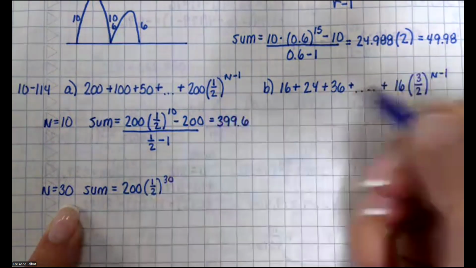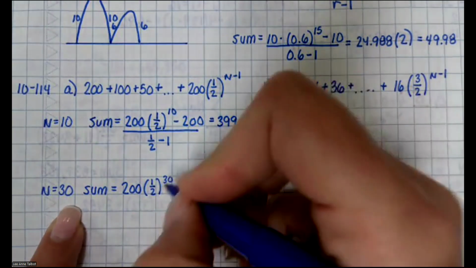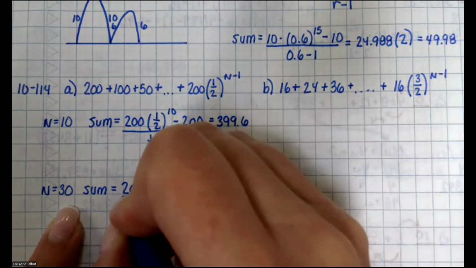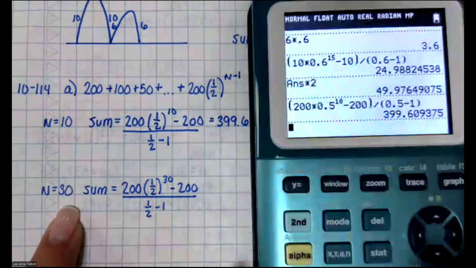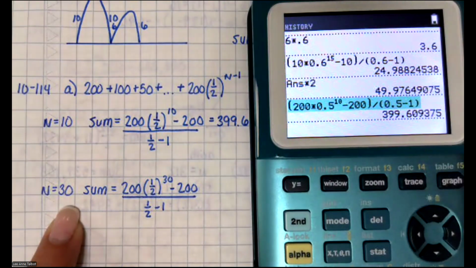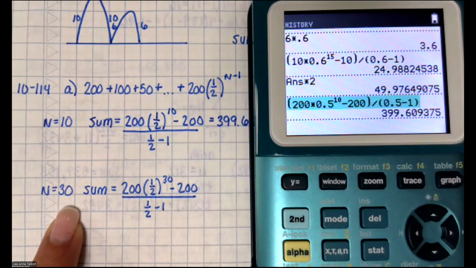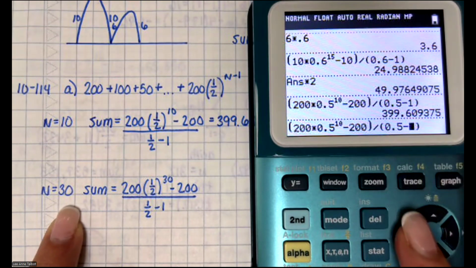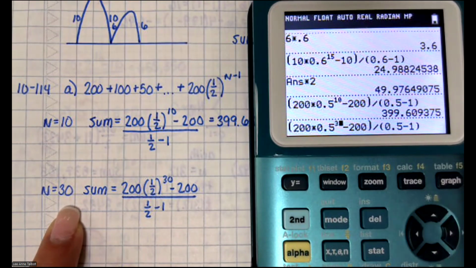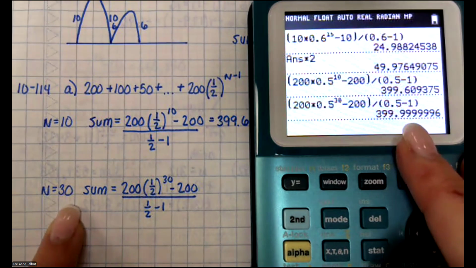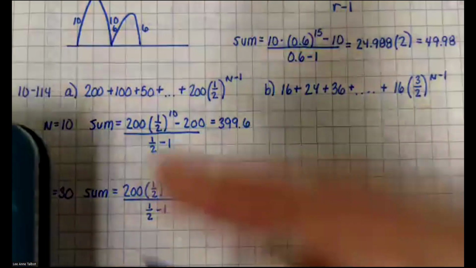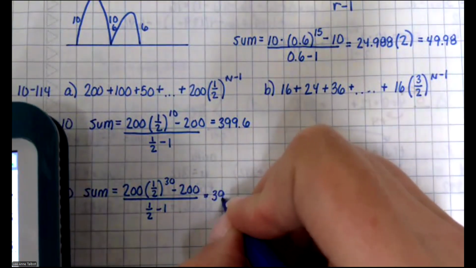Except we're going to add 30 terms instead of 10 terms. And what I'm going to do, because I'm the laziest human being ever, is scroll up 2 spots on my calculator and hit enter to copy and paste it. And I'm going to change this 10 to a 30.